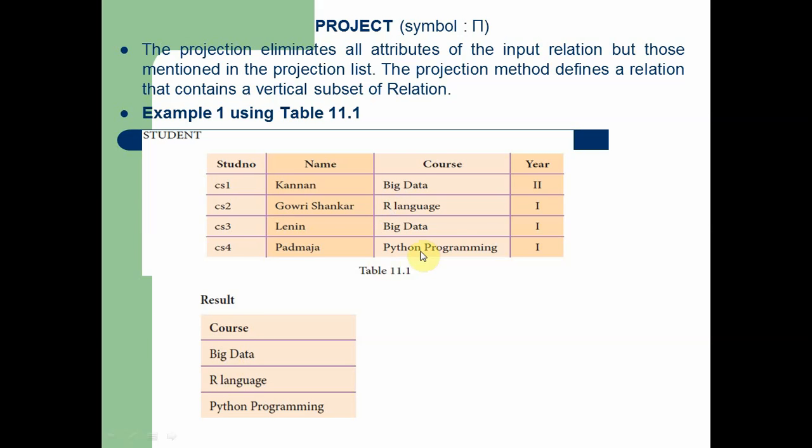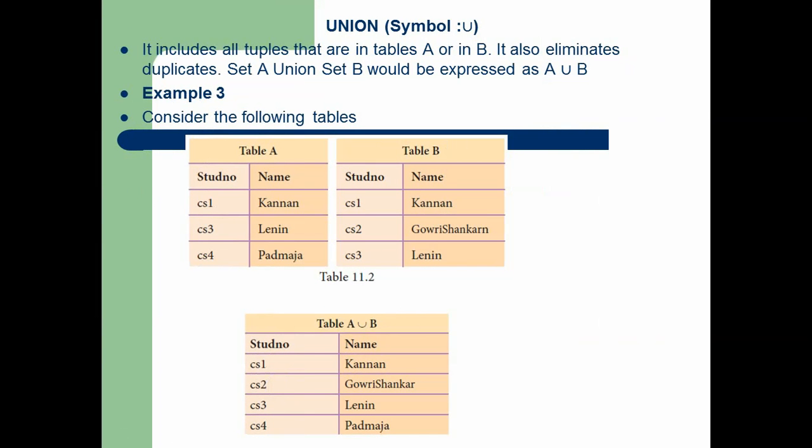The table consists of four columns, namely student name, student number, course, and year. But when you pass this project query, it will show only the course column; other columns or attributes are hidden from the user.